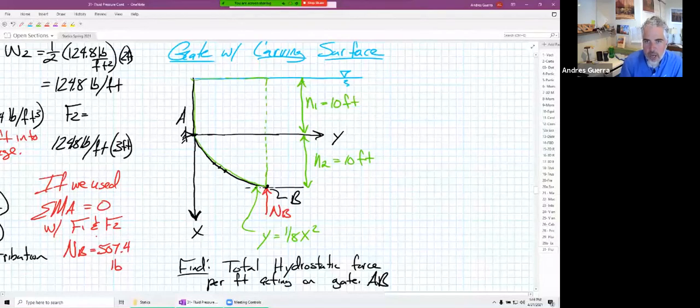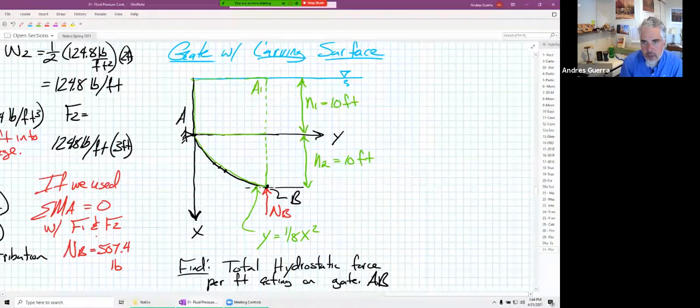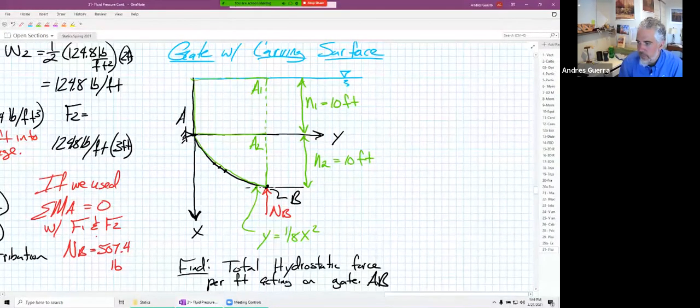And so to find those areas, let's break it up and say this is A1 and let's call this one over here A2. If we can find A1 and A2, then we can find our W1, which would occur at the centroid of A1.